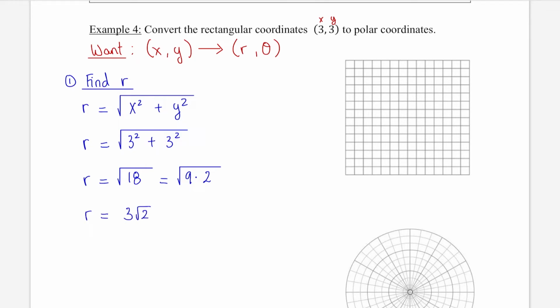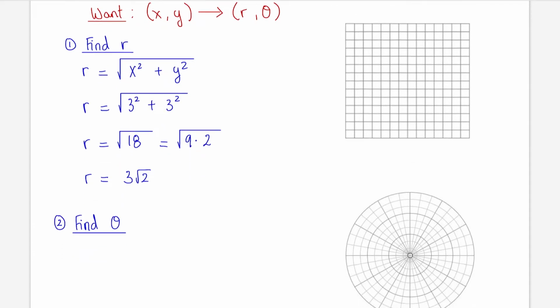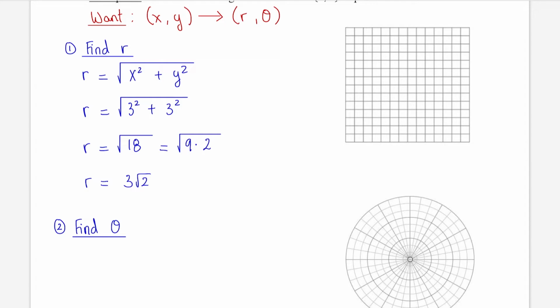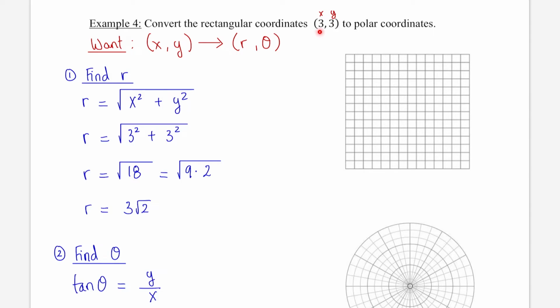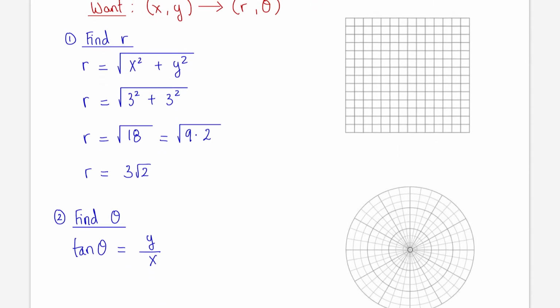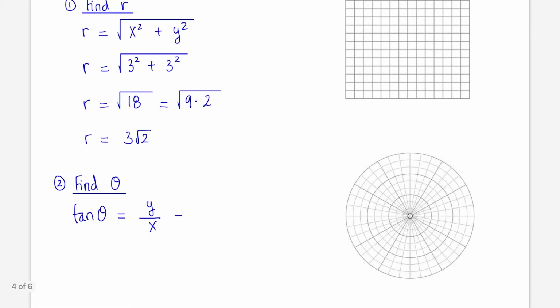Next, I am going to find theta. I will use tangent of theta equals y over x. Y is 3 and x is 3, so I'm going to plug that in. I have 3 over 3, which is 1. So I have tangent of theta equals 1.